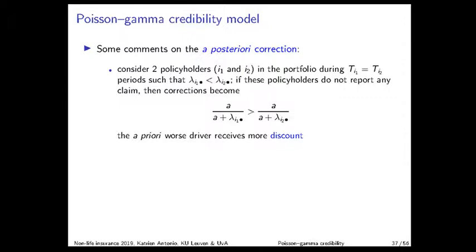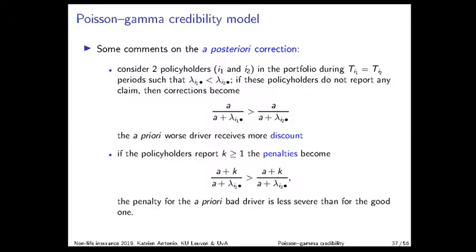Now, if both policyholders do not report any claim, the correction applied to driver 1 will be larger than the correction applied to driver 2. Thus, the a priori worse driver will receive a bigger discount in this specific case, where 0 claims are reported by the driver.